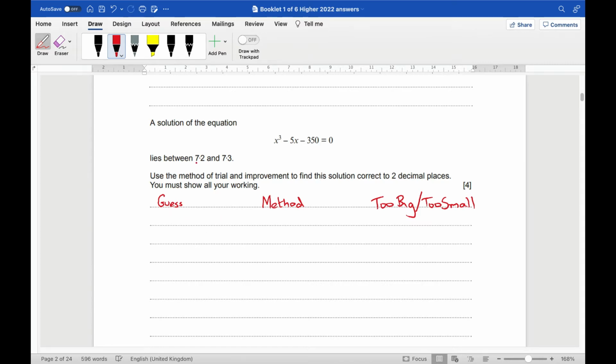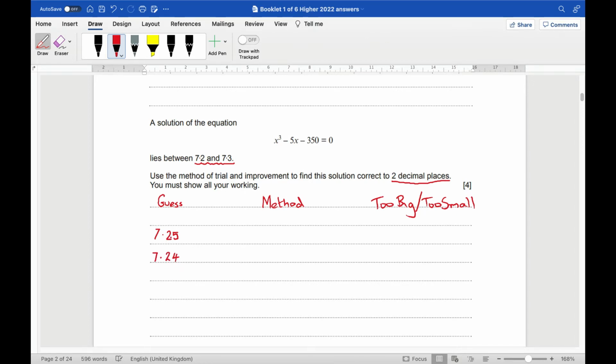So in this one, it's an unusual one because it's telling me what it lies between to 1 decimal place and asking for a solution to 2 decimal places. Highly unusual. So my first guess is halfway between 7.2 and 7.3, which is 7.25. I'll do the method, etc., which we'll come on to later. If it's too big, we'll make our guess smaller, something like 7.24 or 7.23.